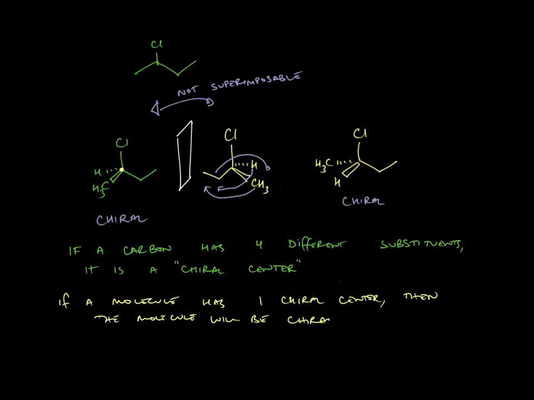And so sometimes, oddly, if a molecule has multiple chiral carbons, it might be chiral, it might not. If it has 0 chiral carbons, it might be, it might not. And that's something that we'll play around with in lab this week. But in general, what you can always know is that if a molecule has exactly 1 chiral carbon, then the molecule will surely be chiral.